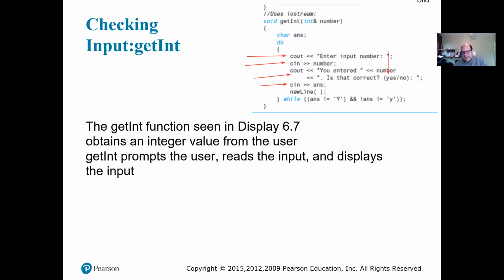But if it's anything else, then we're going to go back and ask again. Now, if the user just types in yes, lowercase or uppercase, and I read one character, I have to get rid of the rest of the stuff. Remember, I have YES, new line, enter key. So I have to get rid of those things. And that is our new line to get rid of the rest of the stuff.